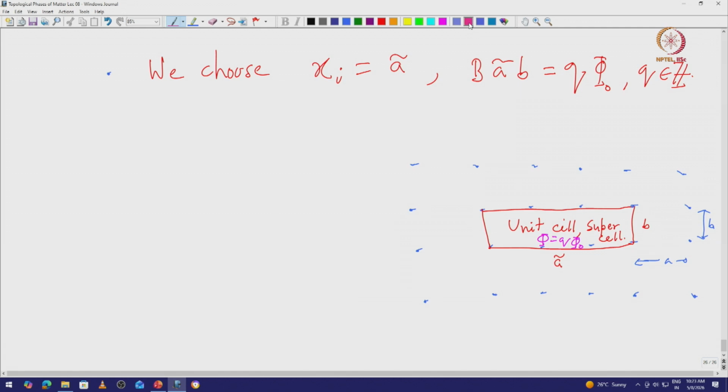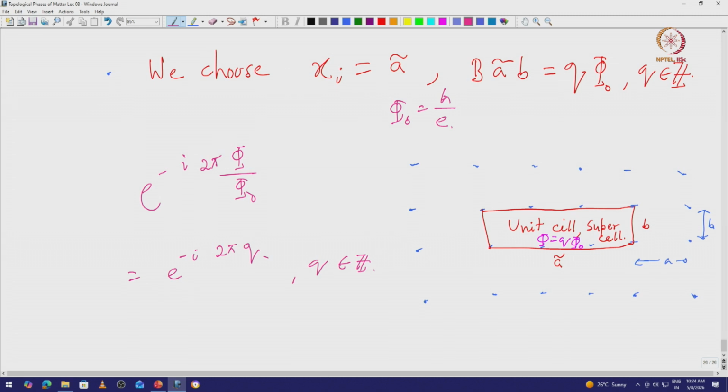Because you see e to the power now minus i e by h cross phi. So, then e by h cross we write as divided by flux quanta times 2 pi, as flux quanta is h by e, q and q being integer.